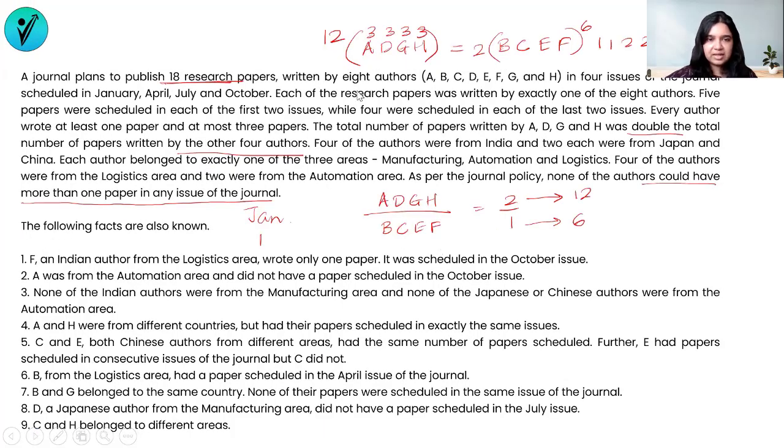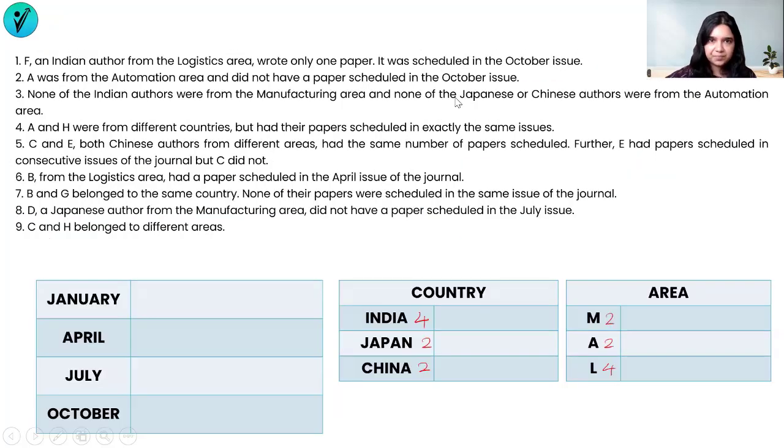All right. We also know that this was a group of people. So A, D, G, H have 3 papers published each. And then the other set of people was B, C, E, and F. F had 1, which is the first condition here itself.